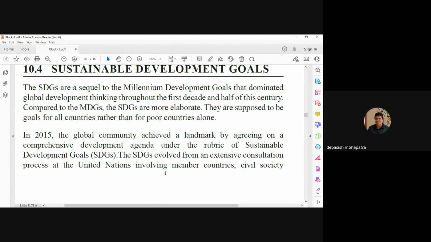So in 2015, the global community achieved a landmark by agreeing on a comprehensive development agenda under the rubric of Sustainable Development Goals, SDGs.